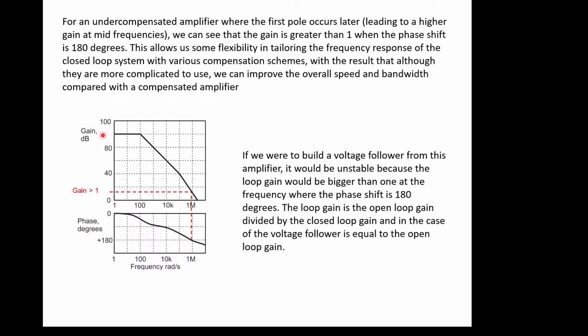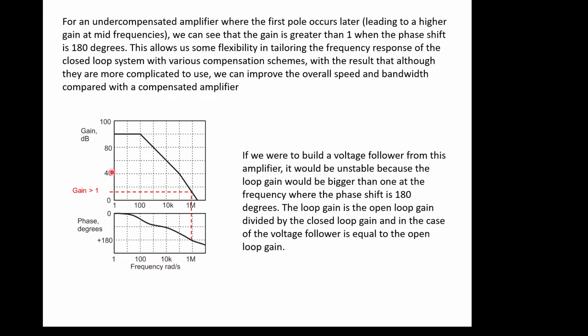So if we had an amplifier that had this type of response, with another pole in here dropping away, we can see that if we had a gain of 1 or bigger than 1, and then looked at the phase response here, the phase response is getting to be bigger than 180 degrees, which means if we had a feedback amplifier we'd end up with it being very unstable.